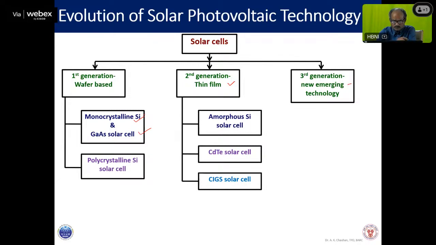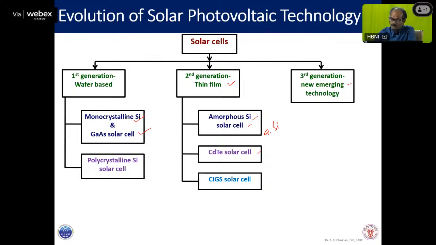So the second generation thin film solar cells use very thin films, and these thin films are made of amorphous silicon. The type of solar cell which uses amorphous silicon is called the amorphous or a-Si silicon solar cell. Then we have the cadmium telluride solar cell and the CIGS solar cell. So these three are under this category.